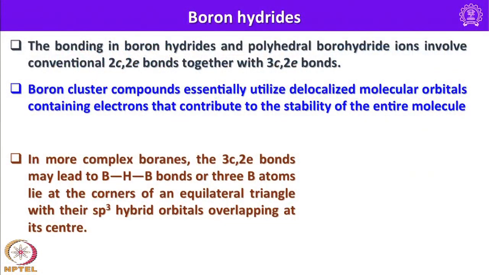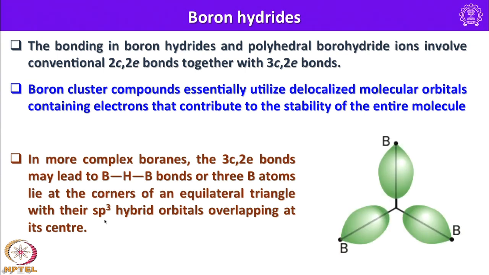In more complex boranes, 3 center 2 electron bonds may lead to a B-H-B bond, as I had mentioned, or 3 boron atoms lie at the corners of an equilateral triangle with their sp3 hybrid orbitals overlapping at its center. Let me show you that in this diagram.